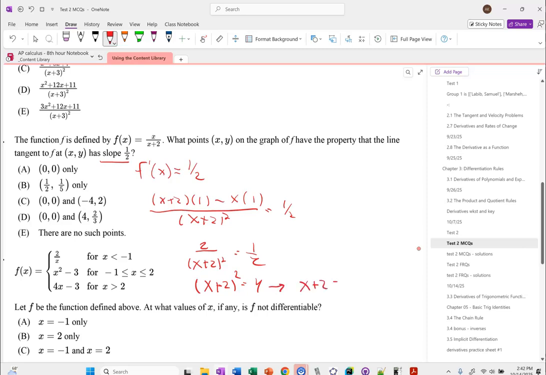Then I say plus or minus. Yeah, I took the square root of both sides.